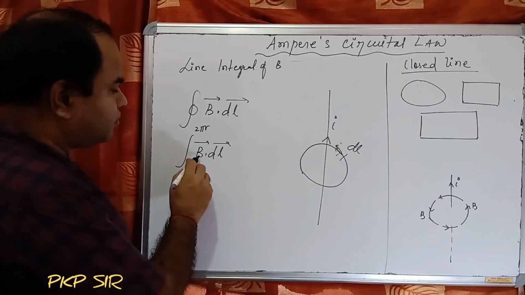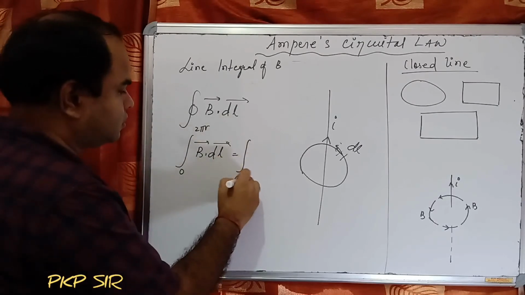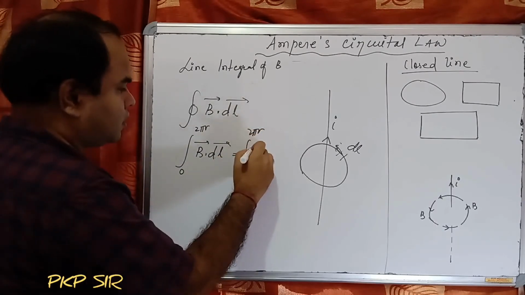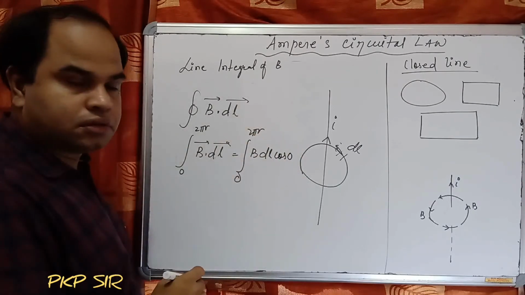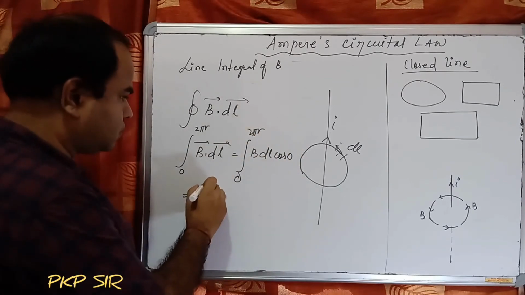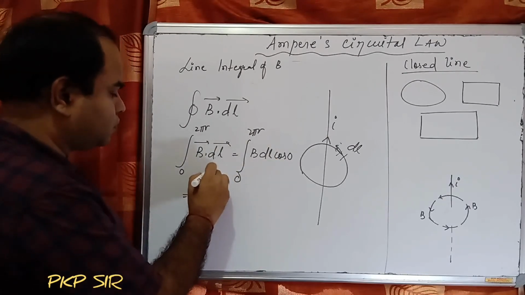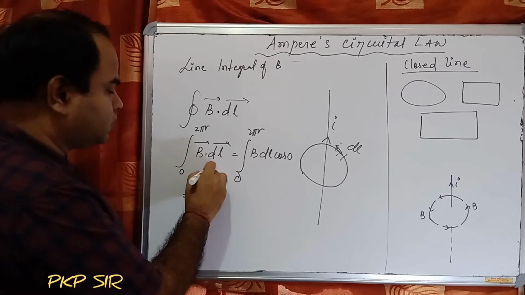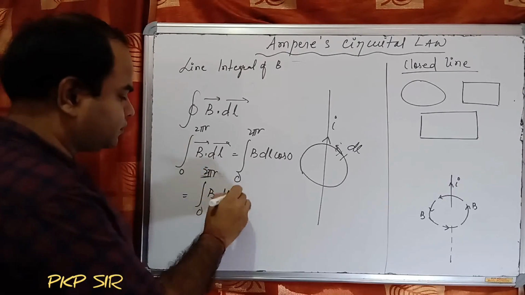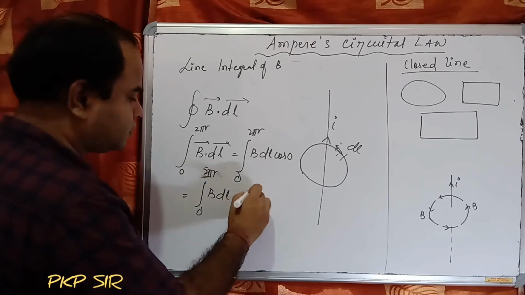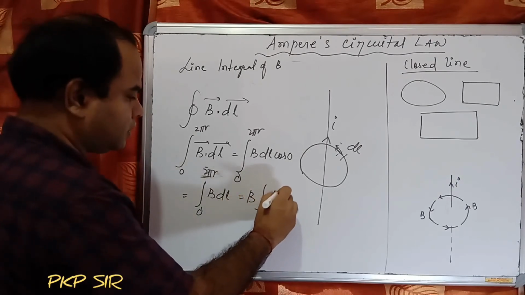The angle between B and dl is 0, and cos 0 is 1, so this is the integral from 0 to 2 pi r of B into dl. B is constant, so let us take it out.